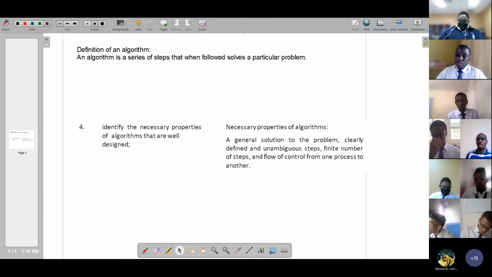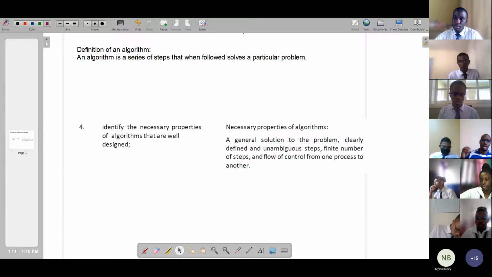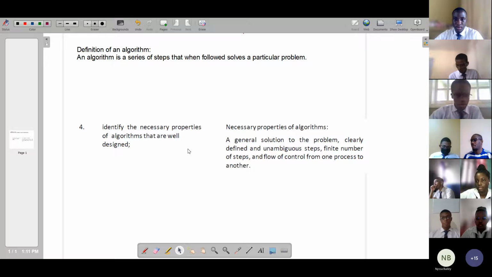The series of steps need to be well designed. So we have to understand the general properties of any algorithm, any series of steps that we are following. We have these four characteristics on your screen right now. The necessary properties of algorithms are that they provide a general solution to a problem. Okay.